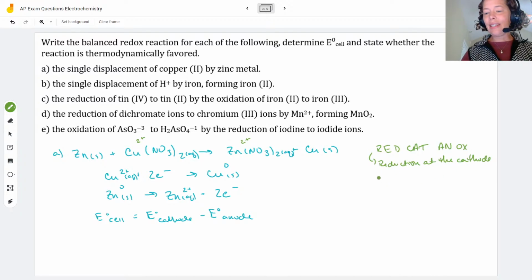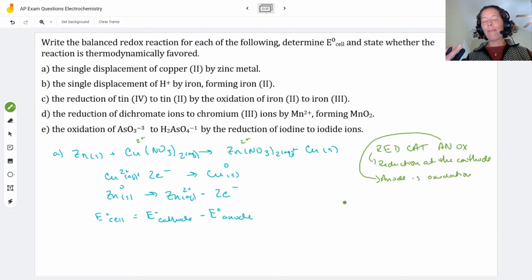And an ox is anode is oxidation. So I'll draw an arrow over here. That is a way to remember what's happening at which electrode, and so which number to put in for E cathode and E anode.